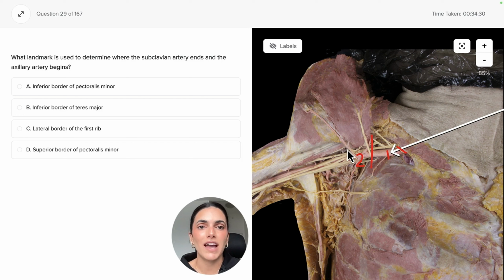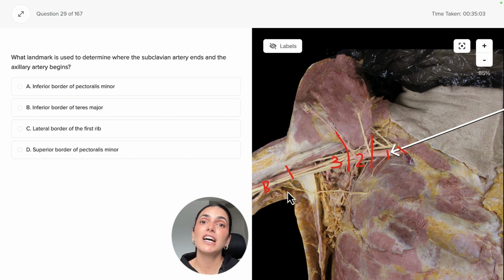Now, the second part of the axillary artery is going to terminate at the more inferior border of the pectoralis minor muscle. So right over here, past that point, this is going to be the third part of the axillary artery, and we'll continue all the way over here until it hits the more inferior border of the teres major, where it eventually becomes the brachial artery. And that will be at that point where it enters into the arm.